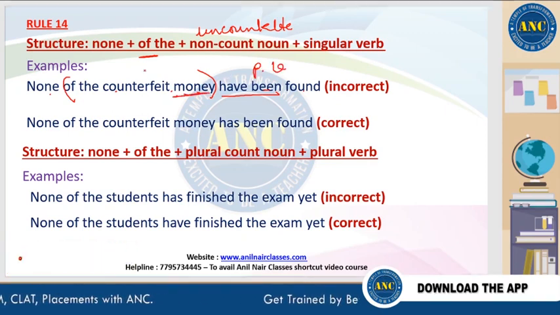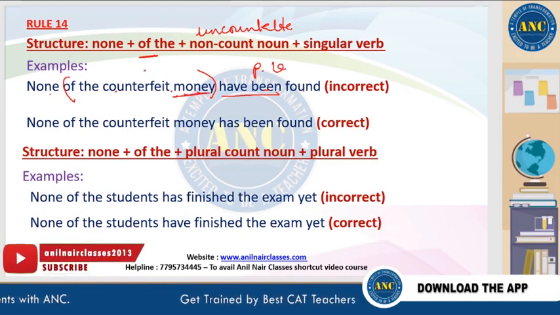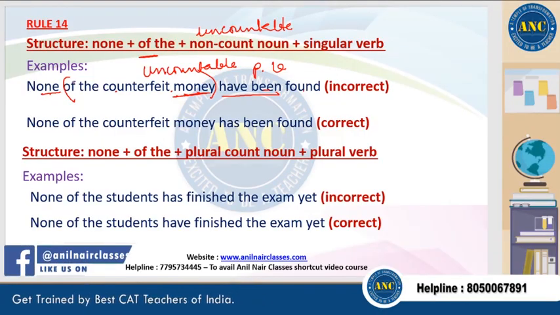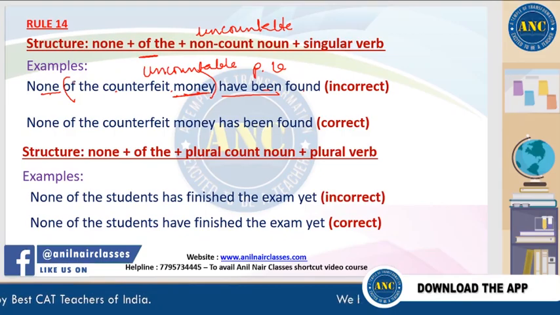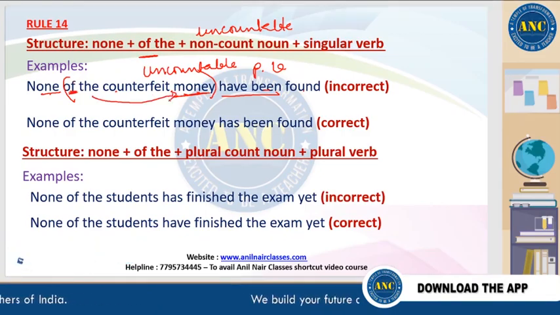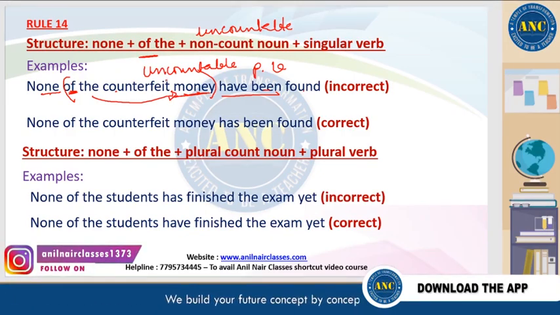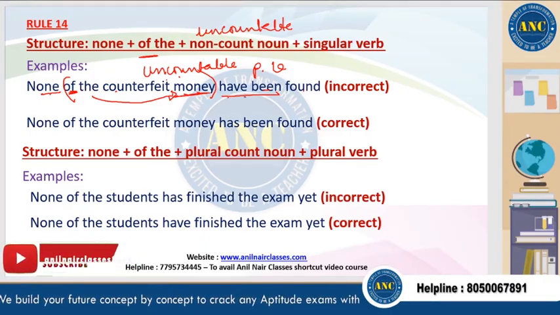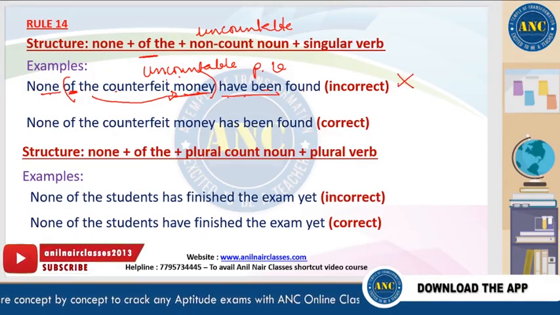Money is what? Uncountable. After the none, you have the prepositional phrase with of, and the object of is counterfeit money, which is uncountable. So when it is referring to money, an uncountable entity, which is singular, we can't have the plural form of the verb. It has to be a singular form of the verb.